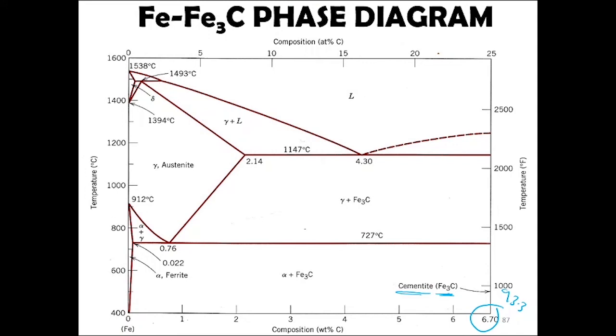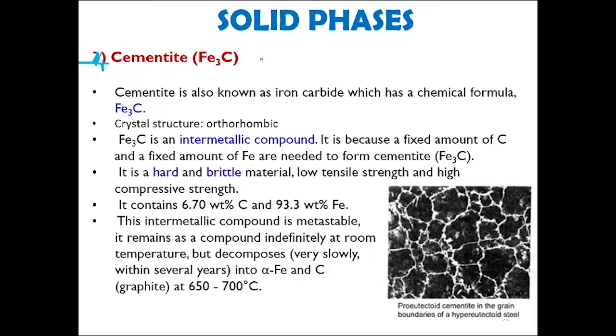It remains as a compound indefinitely at room temperature, but decomposes very slowly within several years into graphite at 650 to 700 degrees Celsius. You can read the info on cementite in this slide. This figure shows pro-eutectoid cementite in the grain boundaries of a hyper-eutectoid steel.